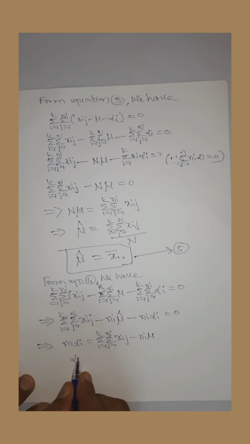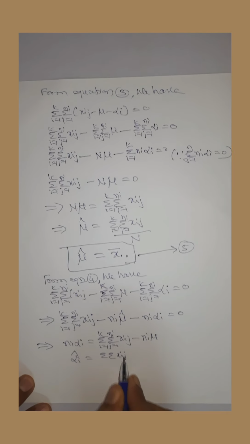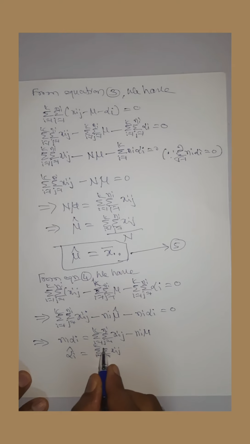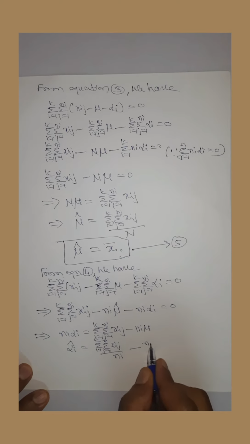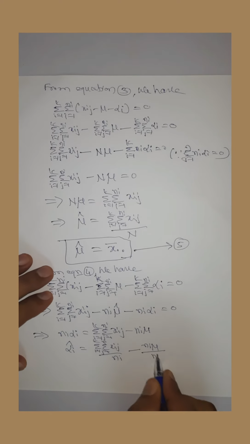Now alpha i cap is equal to double summation xij, i equals 1 to k, j equals 1 to ni, divided by ni minus ni mu divided by ni.